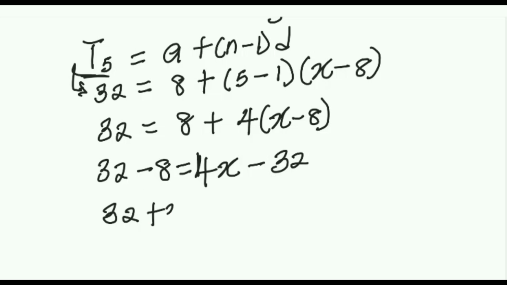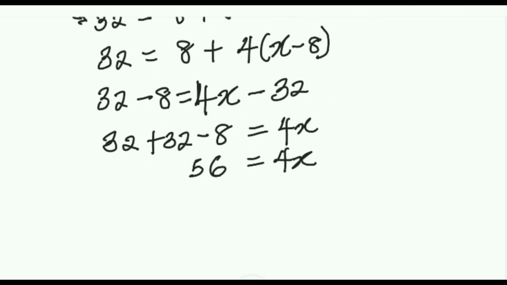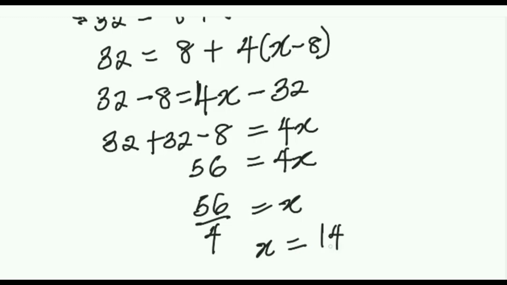So this is 32 plus 32 minus 8 equals 4x. 32 plus 32, that's 64. 64 minus 8, that's 56, equals 4x. And the coefficient of x is 4, so divide by 4. 56 divided by 4 equals x, and x is equal to 14. So now we have the value of x.